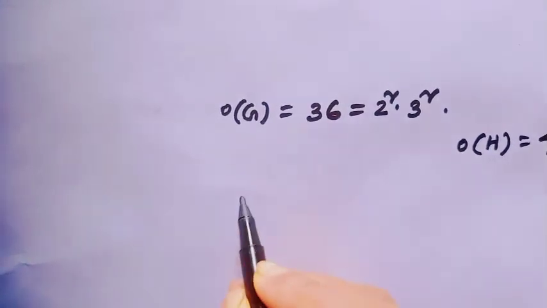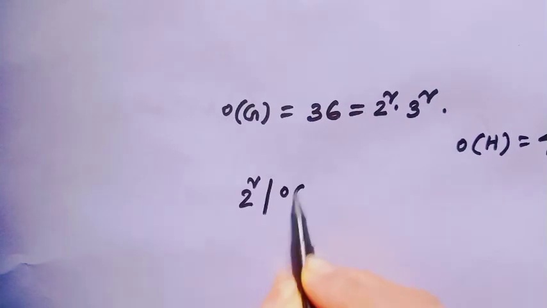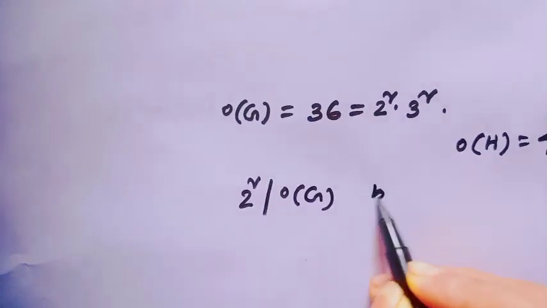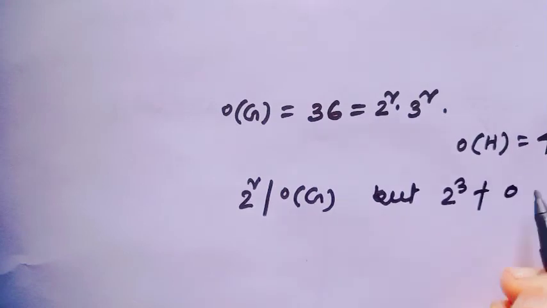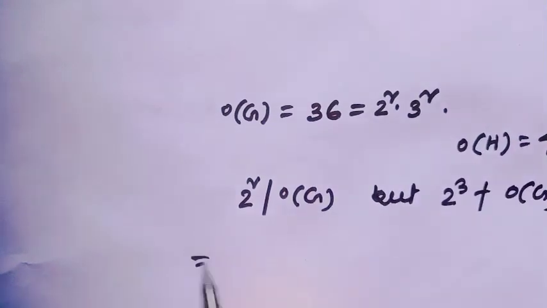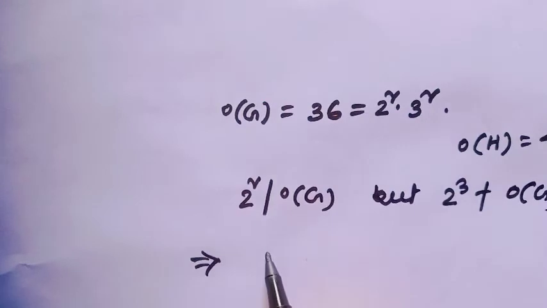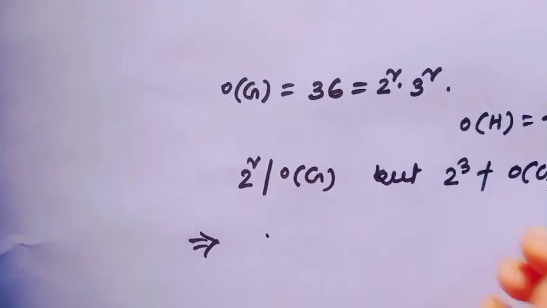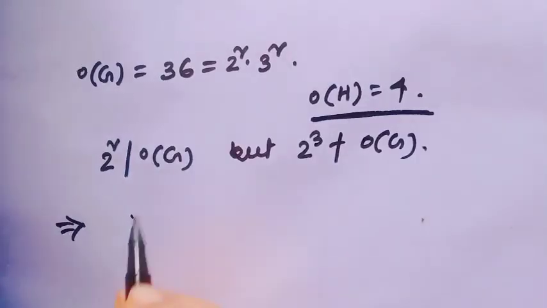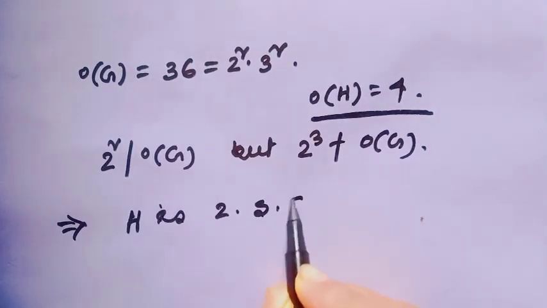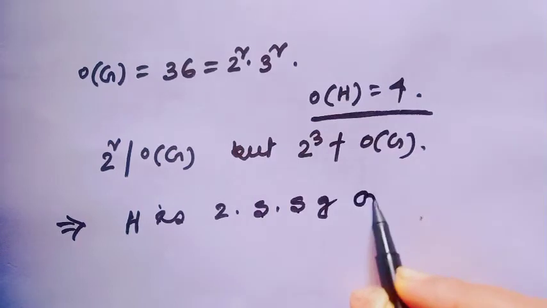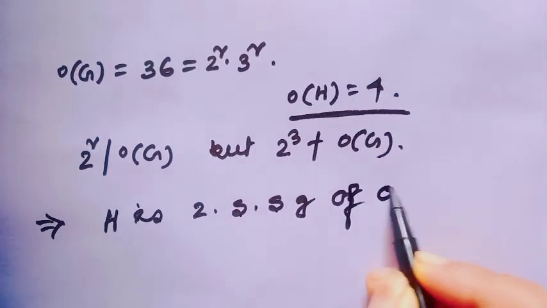Since 2 squared divides the order of the group G, but 2 cubed does not divide the order of G, that implies this subgroup A is a 2-Sylow subgroup of order 4.